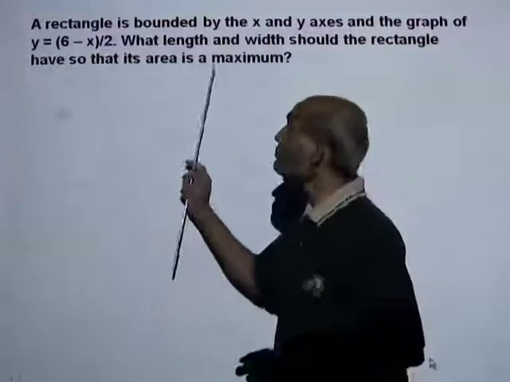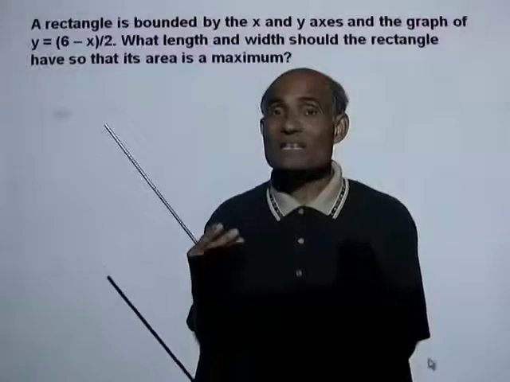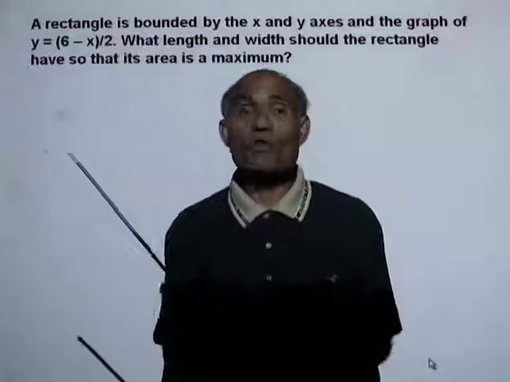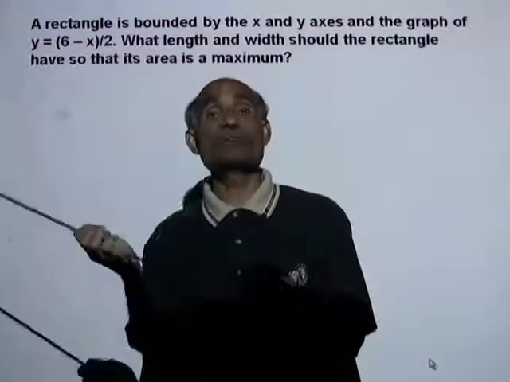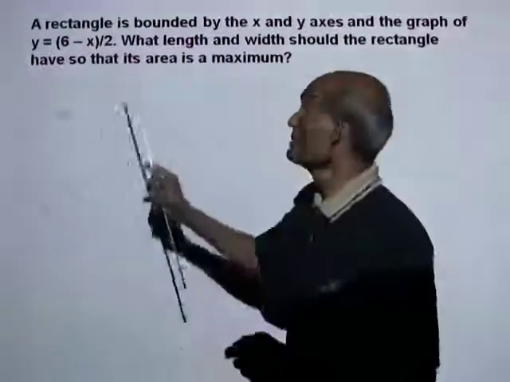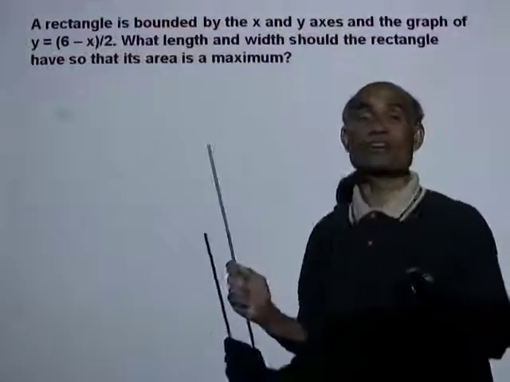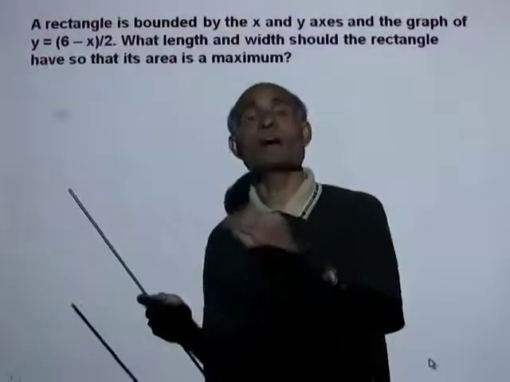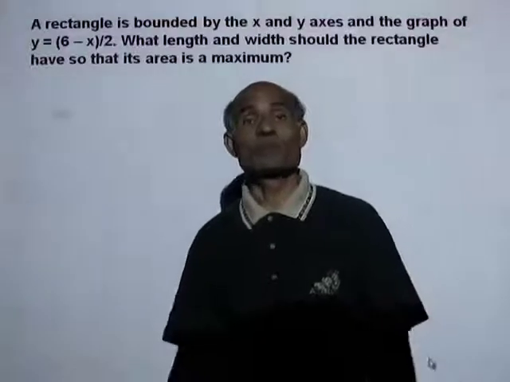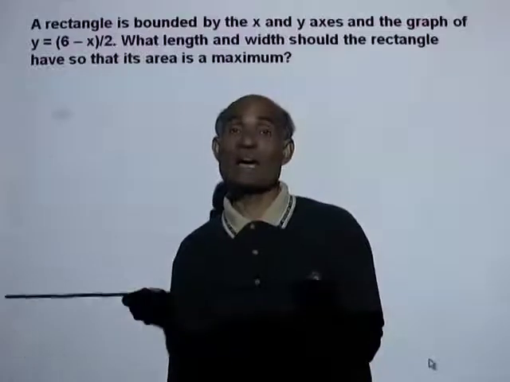We need to maximize that area. So we need to aim at setting up an equation for the area in terms of the length and width of the rectangle, because we've been told what length and width the rectangle should have. We must set up an equation for the area of the rectangle in terms of its length and width.